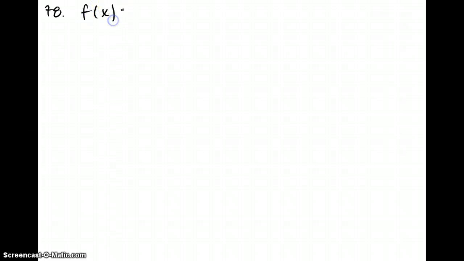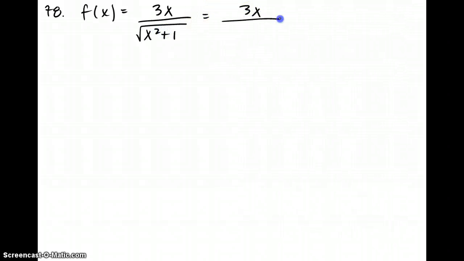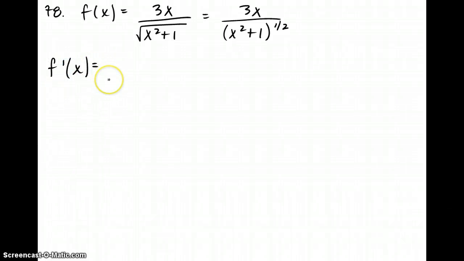F of x equals 3x all over the square root of x squared plus 1. Okay, so let's look at the denominator as x squared plus 1 to the 1/2 power. So to find the derivative, we need the quotient rule. The denominator is going to need the chain rule as well.